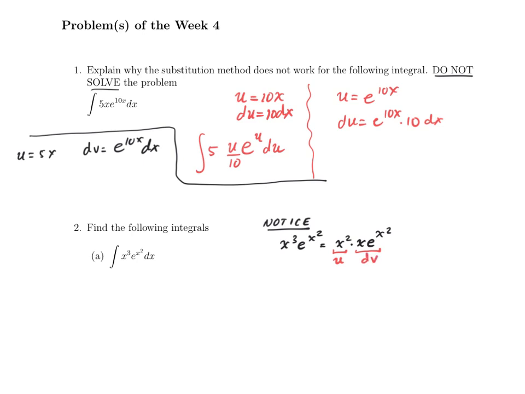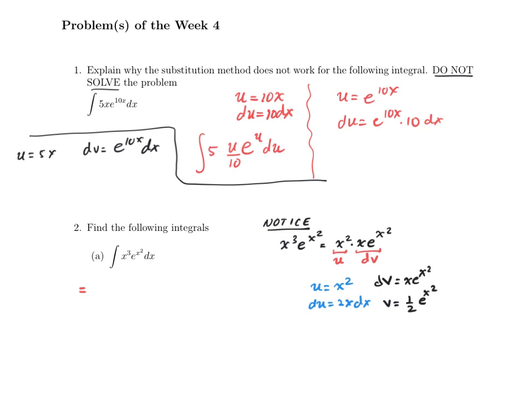Okay? So if we use the integration by parts formula, remember for u you take the derivative. So du is equal to 2x dx, and from dv you're going to get v. If dv is equal to this, using substitution, v will be 1/2 e to the x squared.